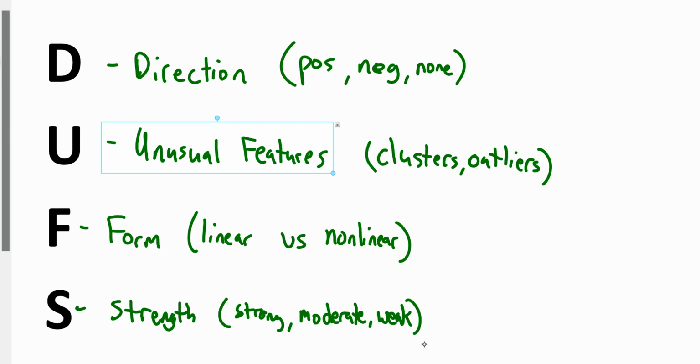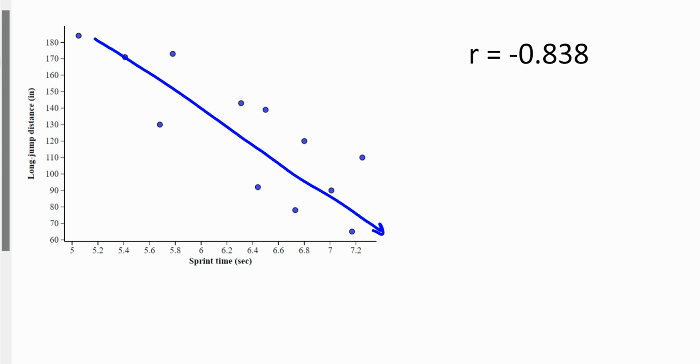All right, so I might describe this as: the scatter plot comparing sprint times and long jump distance has a moderate to strong negative linear relationship between the two things.